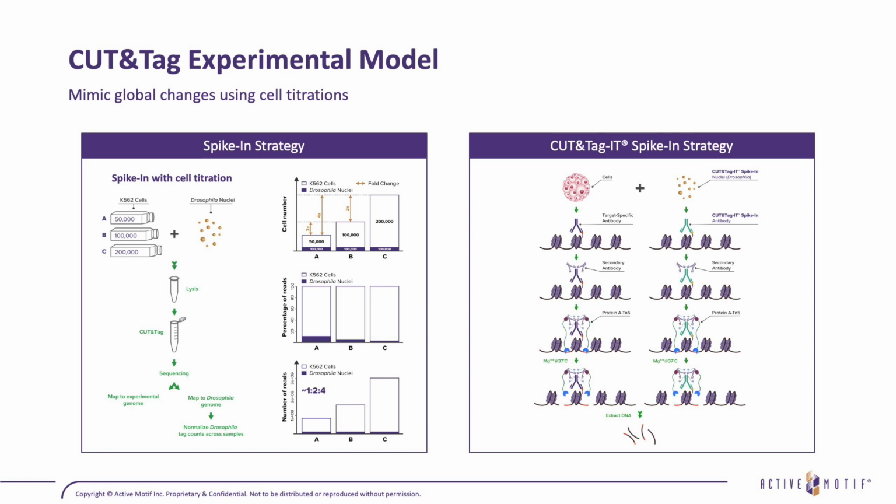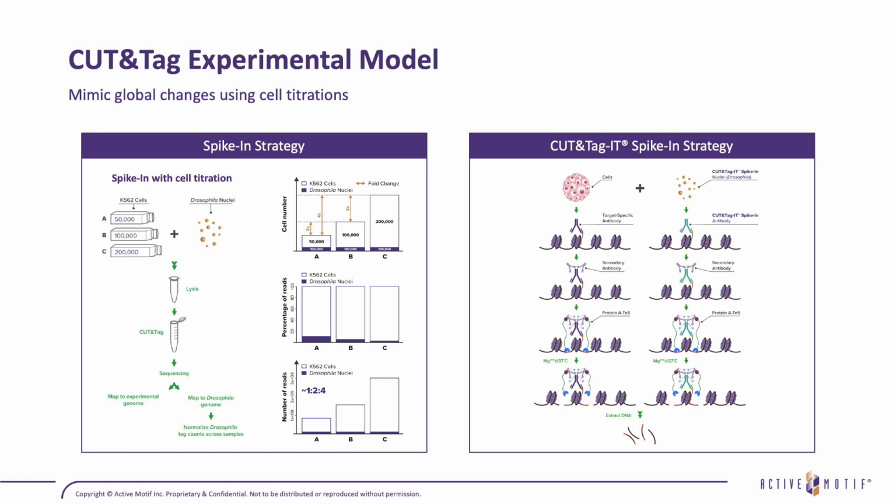So when you normalize that purple bar, you then normalize the human reads, and that becomes representative of your starting material. So it's similar to the inhibitor treatment, but again, using cell numbers instead of drug-induced global changes.